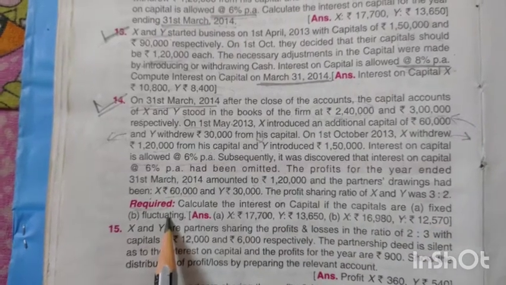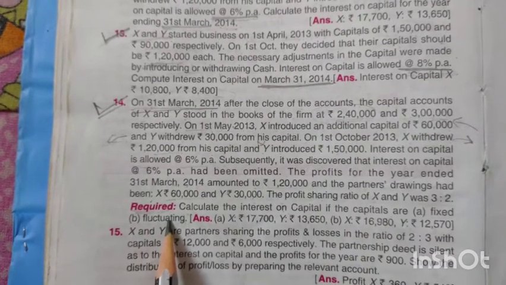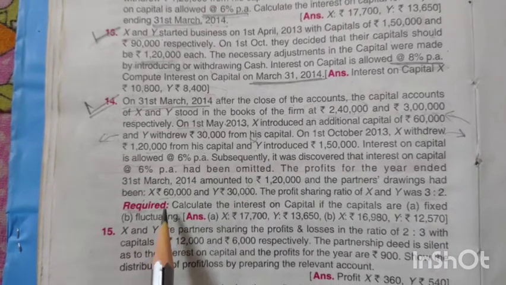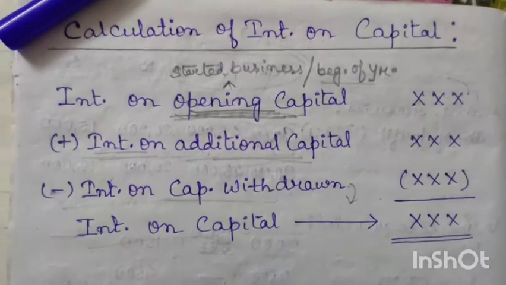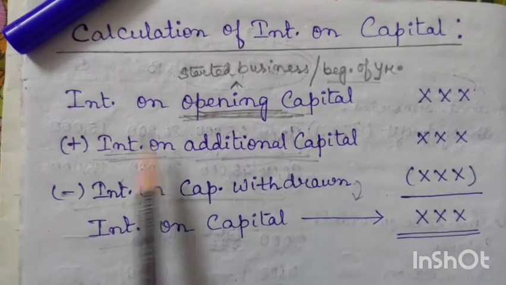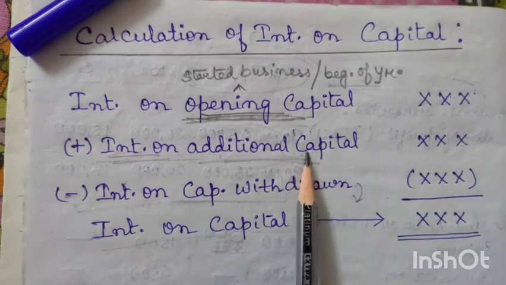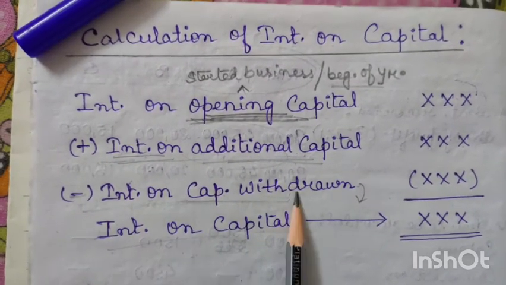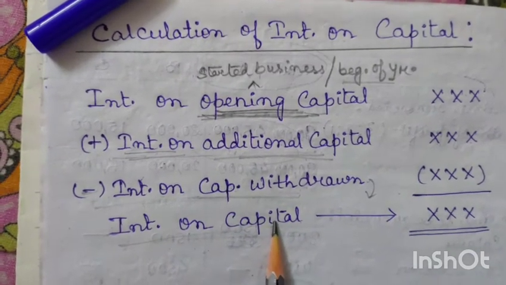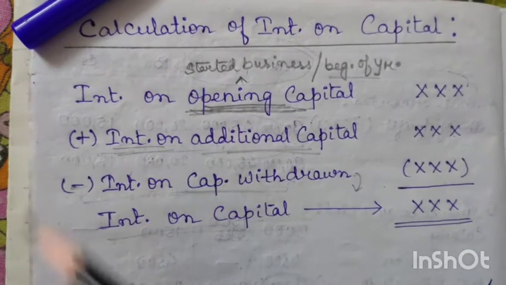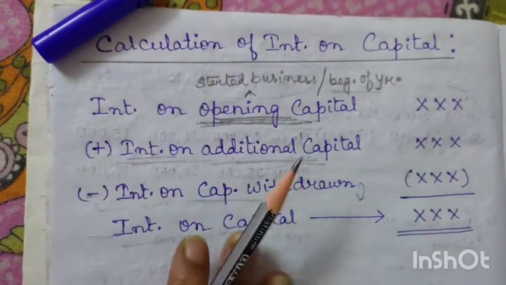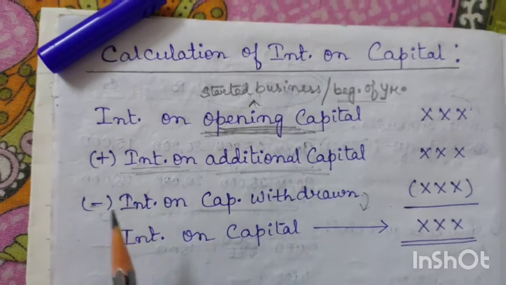Now, for calculation of interest on capital, the formula which we know is: interest on opening capital plus interest on additional capital minus interest on capital withdrawn. Then we get interest on capital. So whether it is fixed capital or fluctuating capital, the formula is the same for calculation of interest on capital.